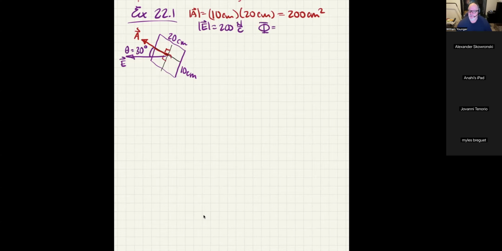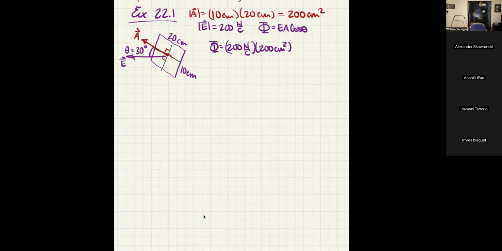Later, we'll subscript this with an E and the other one with a B because there's going to be a magnetic flux as well. But right now, we're just doing the electric flux. And that's going to be E times A times cosine theta. So our flux is in fact 200 newtons per coulomb times 200 square centimeters times cosine of 30 degrees.